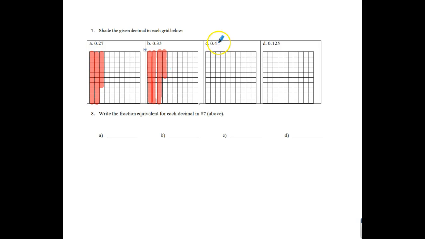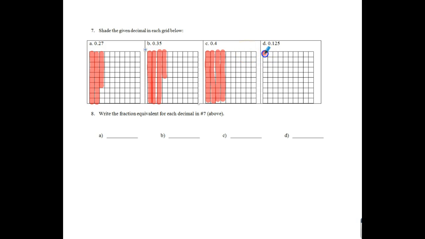So what is that? Well, this is 40 hundredths, right? Remember, add 0. So you just go 1, 2, 3, 4. You could also look at it as 4/10. If you think of each one of these rows, don't even look at the ones going across, just the ones going down. There's 10 of them, so you get 4 of those.